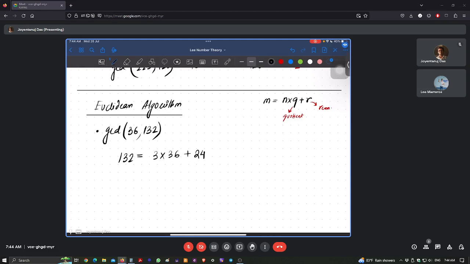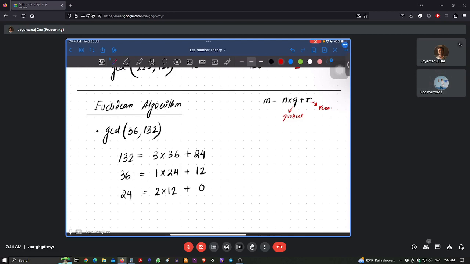Now the next step is I bring this 36 and divide it by 24. So 36 is 1 times 24 plus 12. And then I divide 24. So 24 is 2 times 12 plus 0.